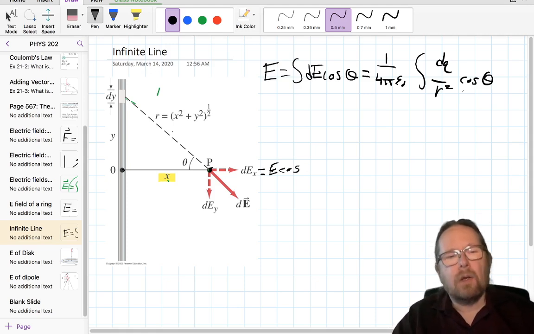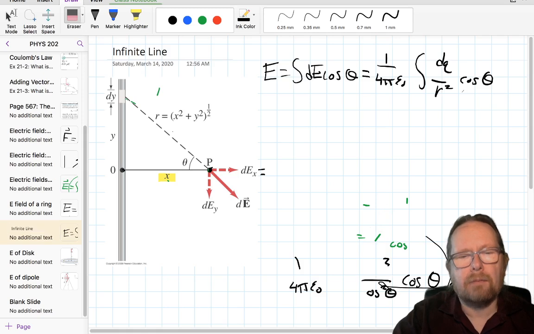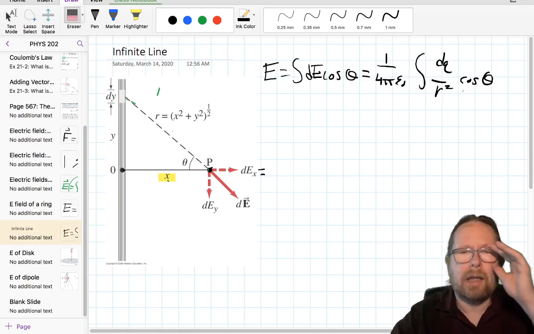So we want to now express this integral all in terms of theta and x, which is constant, instead of r and y.